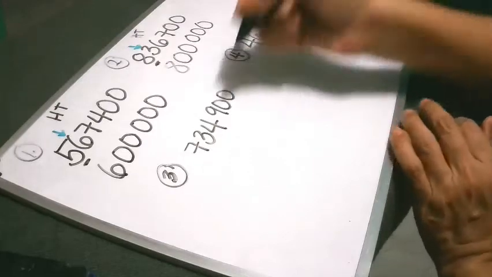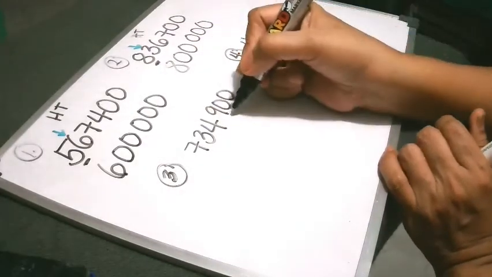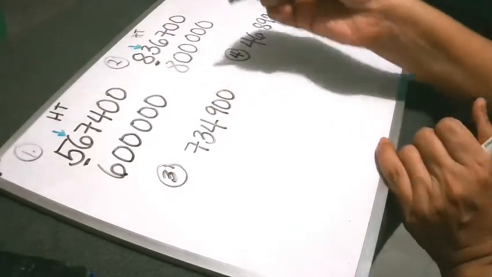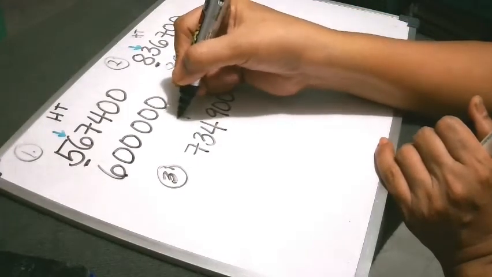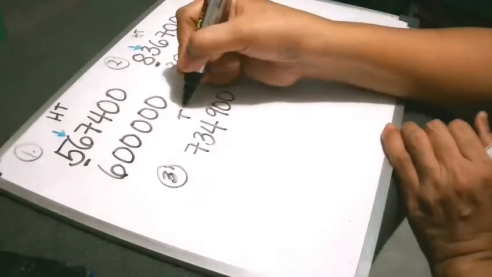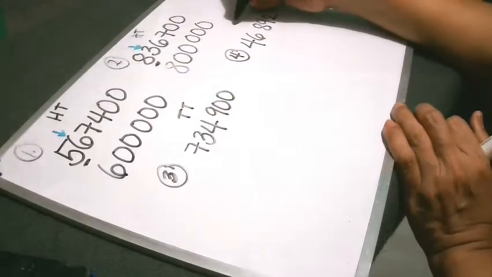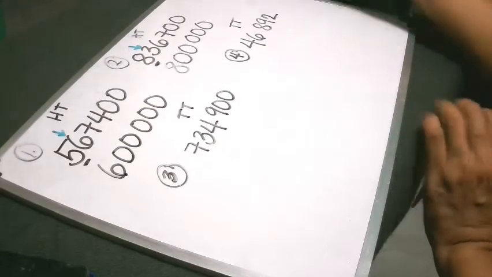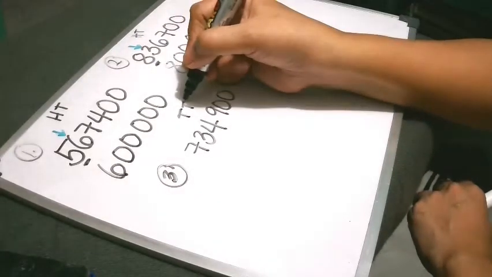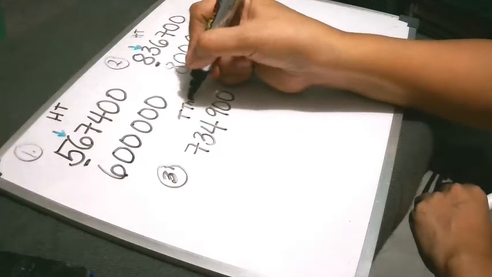In this case, you are asked to round this off to the nearest 10,000. You are asked also to round this off to the nearest 10,000.